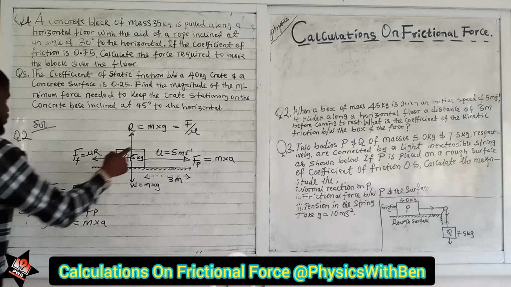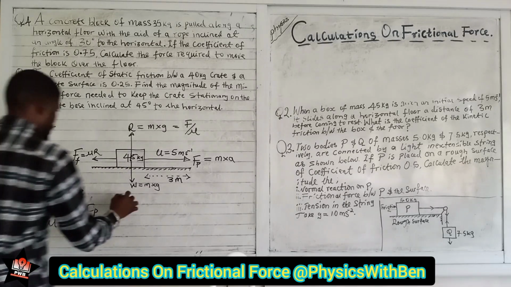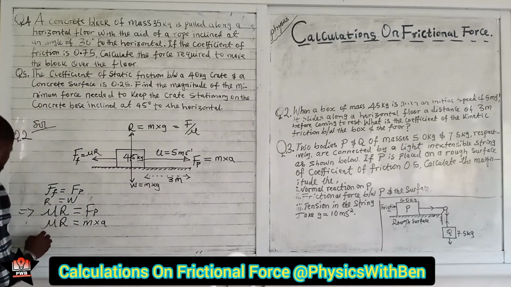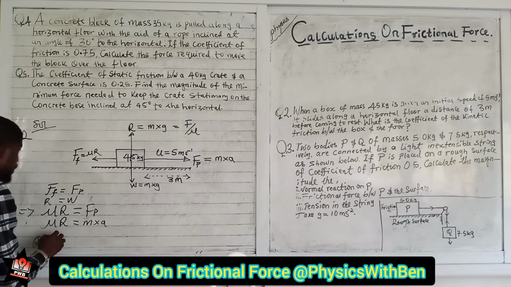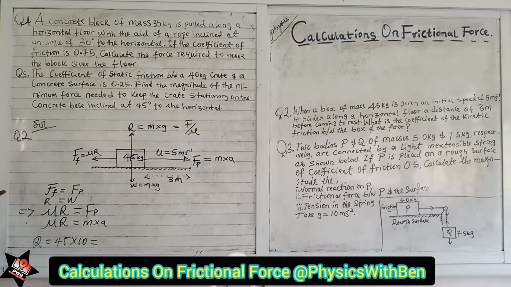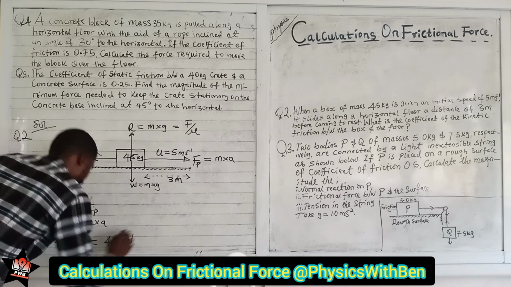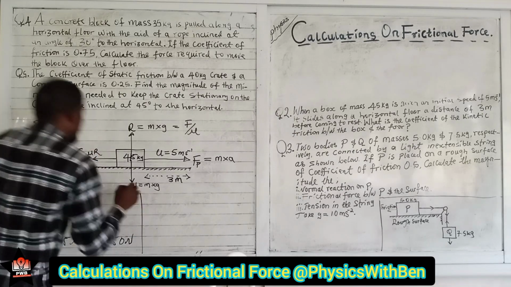And we also know that our normal reaction R is equal to mass times gravity. Let's just do it. Our normal reaction R is 45 times 10. That will give us 450 Newton. That's our normal reaction.